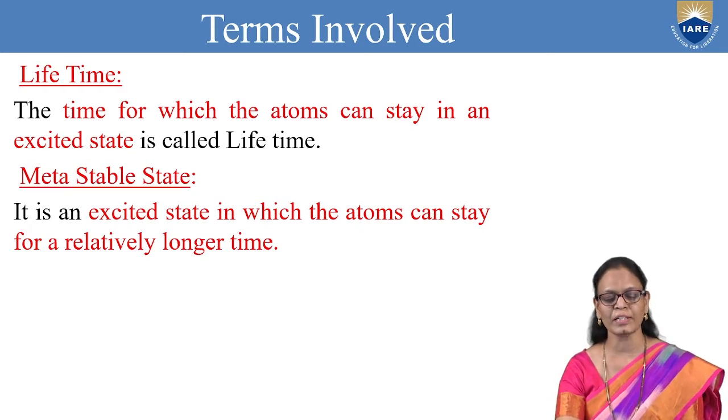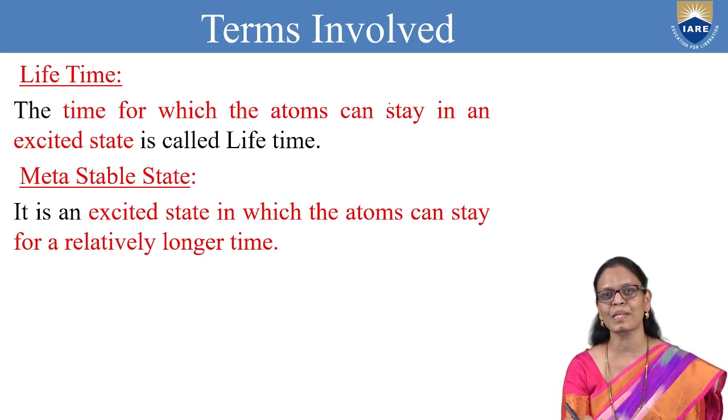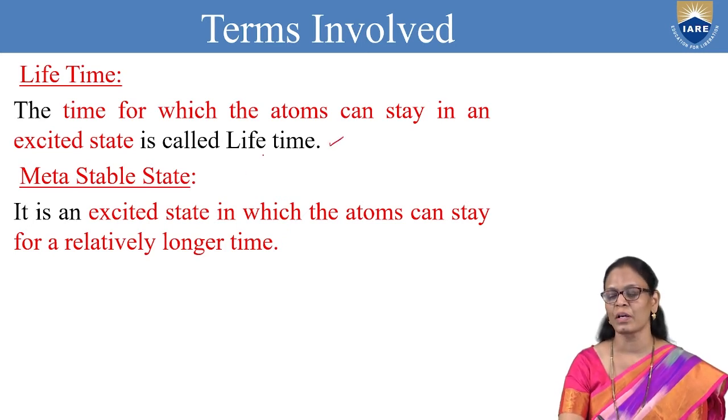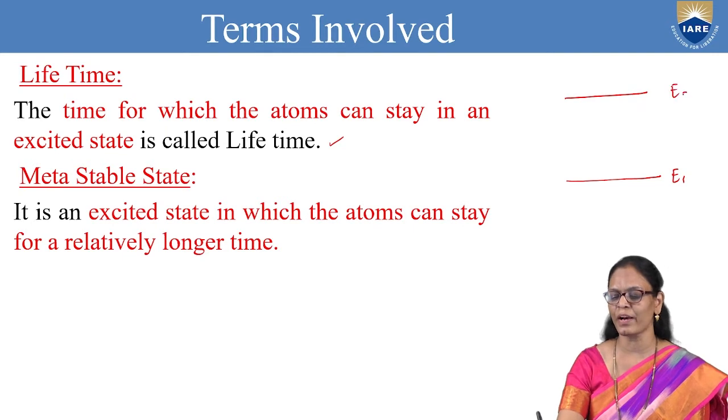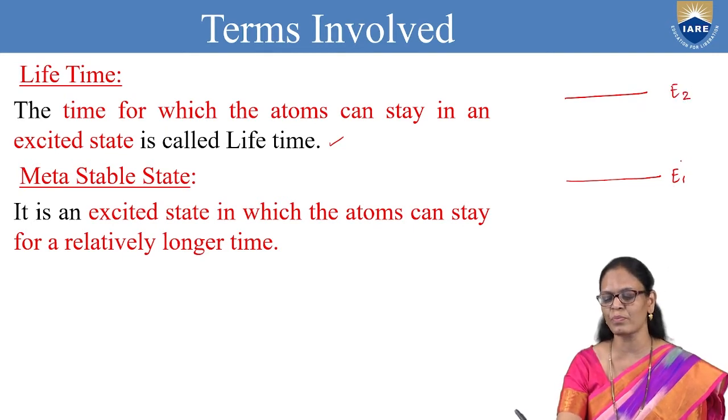Lifetime means the time for which the atoms can stay in an excited state. We call it lifetime. Now, what we have seen here is the ground state, E1, and another state. We have only seen two levels, E1 and E2. E1 we are calling the ground state, E2 the excited state. Once we supply energy to the atoms in the ground state, they are excited.